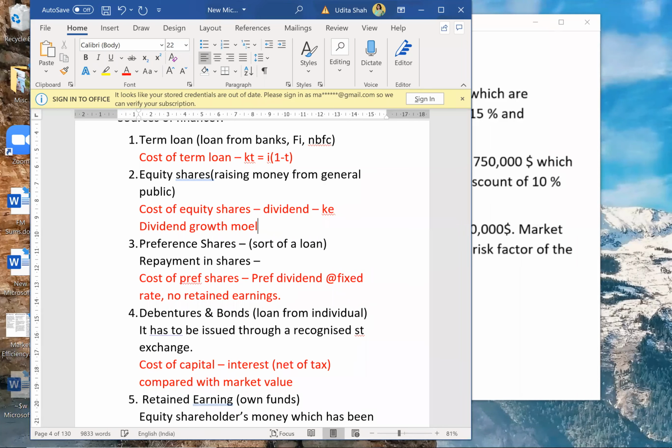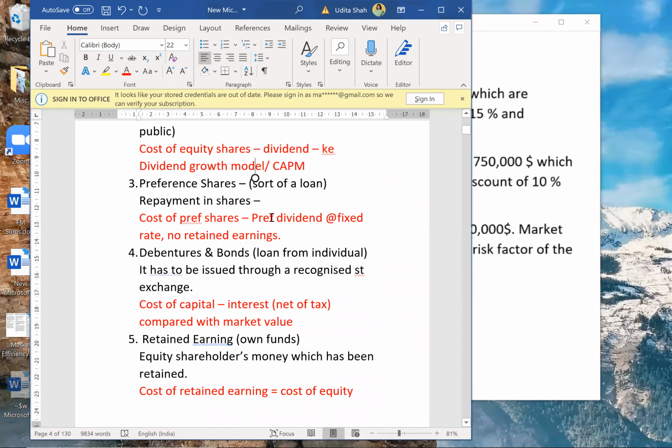I hope you guys remember. Or in AFM, as they will commonly use, the capital asset pricing model, CAPM. Next is your preference shares. Preference shares is nothing but KP. KP equal to PD by NP. Debentures. Debentures is what? It is like a loan from individuals, but it has to be issued through a recognized stock exchange.